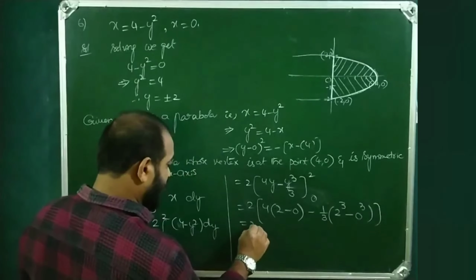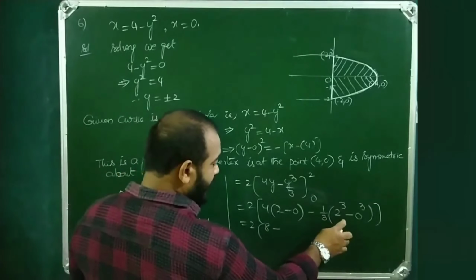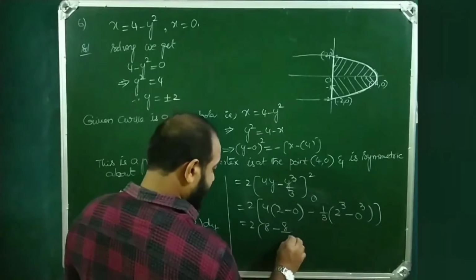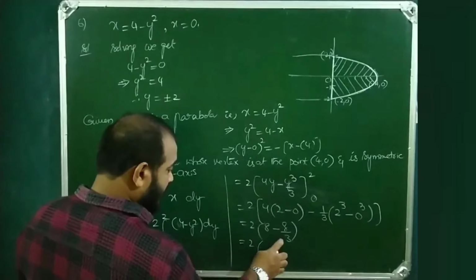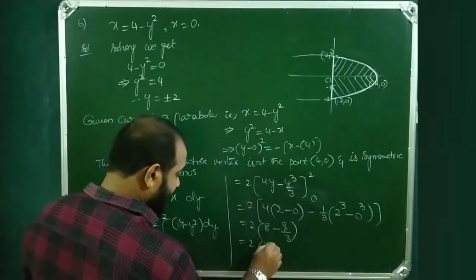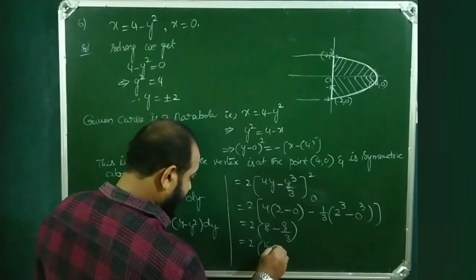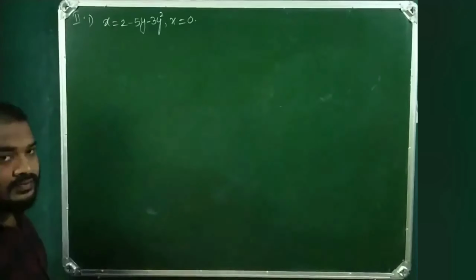This is equal to 2 times (4 twos are 8 minus 2 cube is 8 by 3). This is equal to 2 into (3 eights are 24, 24 minus 8 is 16) 16 by 3. This is equal to 2 sixteens, 32 by 3 square units.